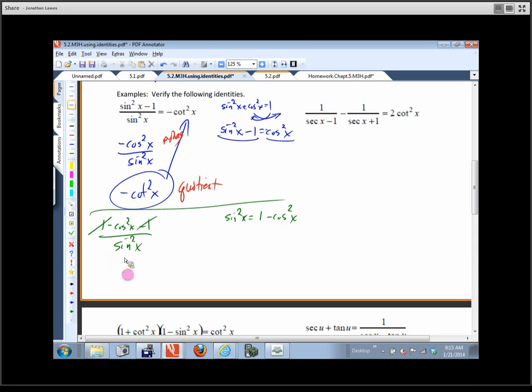And then they have negative cosine squared over sine squared. So then they wrote cotangent squared. And they said Pythagorean identity was the reason for this, and quotient identity was the reason for that. They're done differently, but are they both correct? Absolutely.